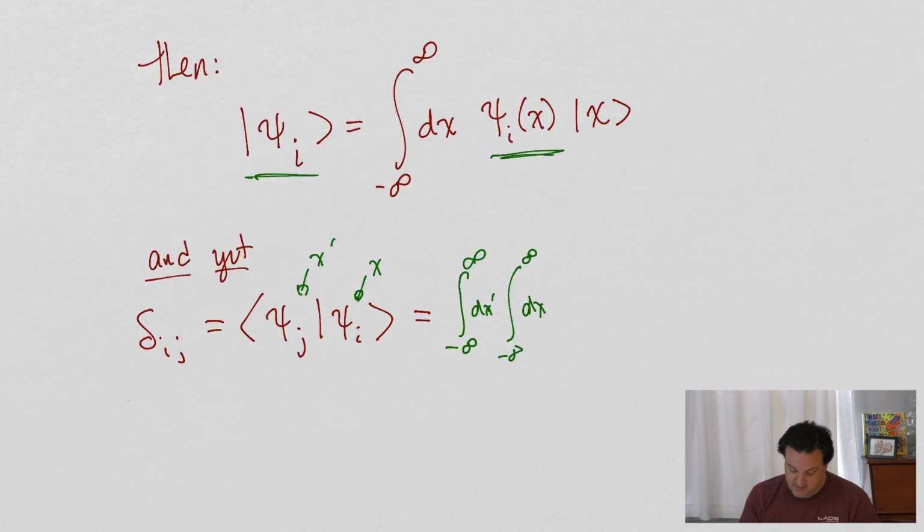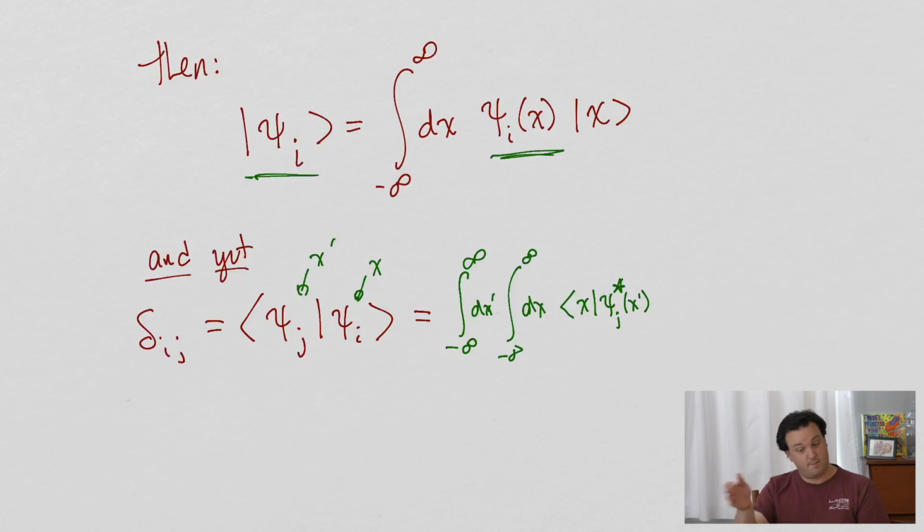So I have my psi j, which is a decomposition onto the bra of x, psi j of x prime. And of course, it's the bra version, right? So I had to take the complex conjugate of it. I then have the ket version, which is psi i of x times |x>, and I forgot my x prime here, right? Because the bra is the one that's going to have the x prime.